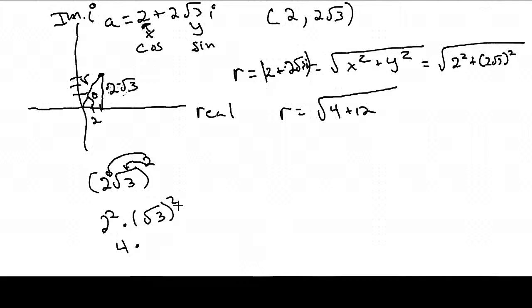Well, this square root right here and that power right there kind of cancel each other out. So that's just equal to 3. Oh, okay. That looks familiar. And so then 4 times 3 is 12, right? Okay. So r is equal to the square root of 16, and that's equal to 4.